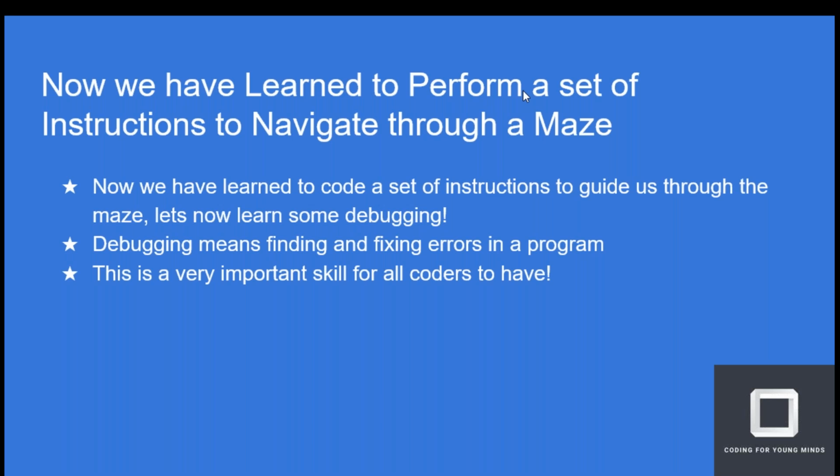Also, debugging makes you a better programmer, as rather than someone else finding your mistakes, you're finding your own mistakes, and that helps you get familiarized with your code even more. Now that I've given everyone an introduction on debugging, let's go back to our code.